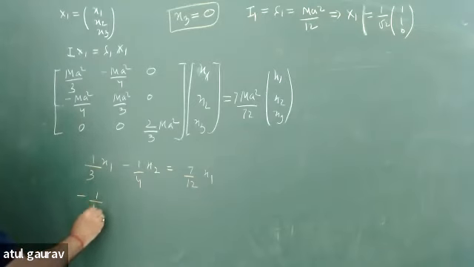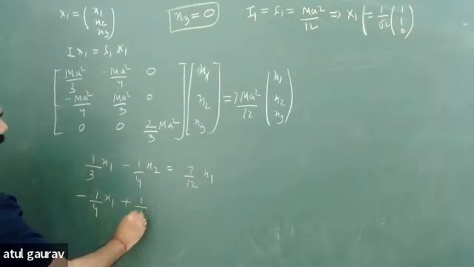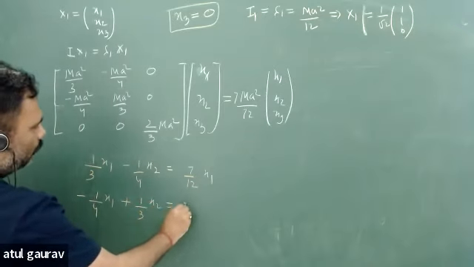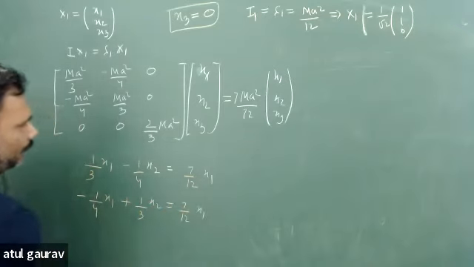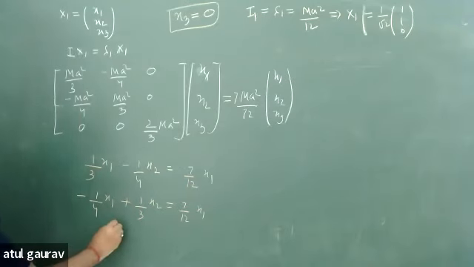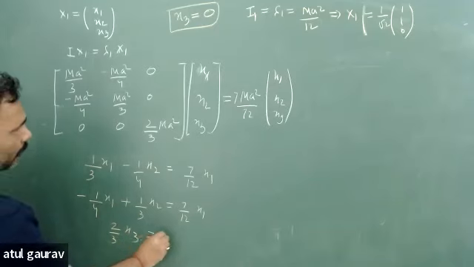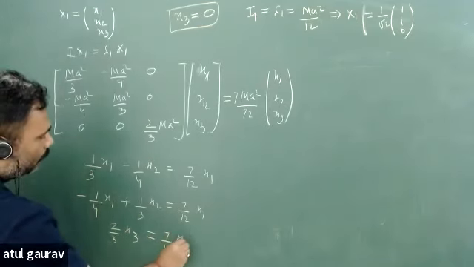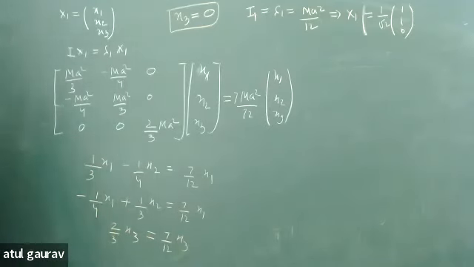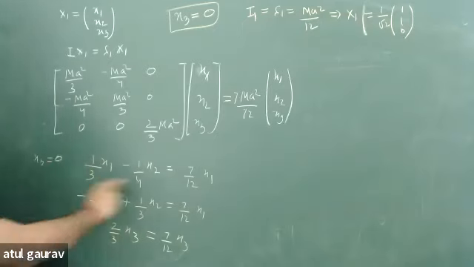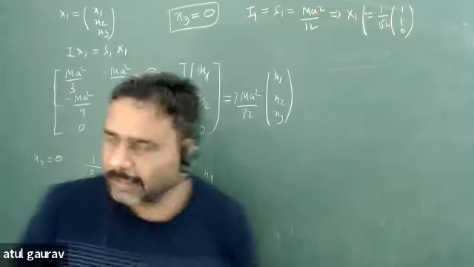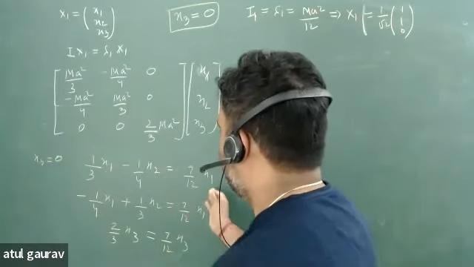Minus 1 by 4 x1 plus 1 by 3 x2 is equal to 7 by 12 x1, and the third one is 2 by 3 x3 is equal to 7 by 12 x3. So again, x3 is equal to what? 0.